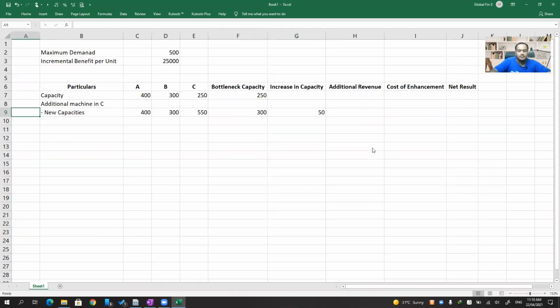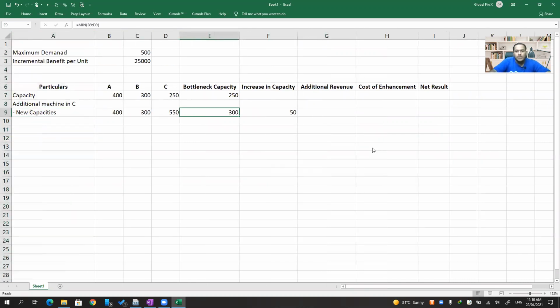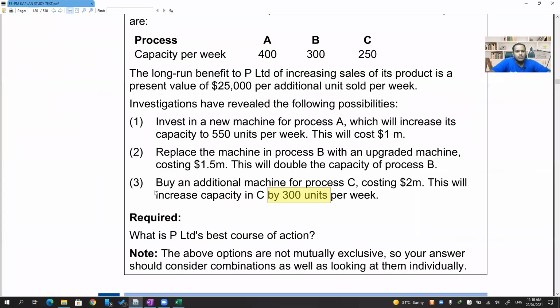They told you, if you buy an additional machine for process C, this will increase the capacity in C by 300 units.